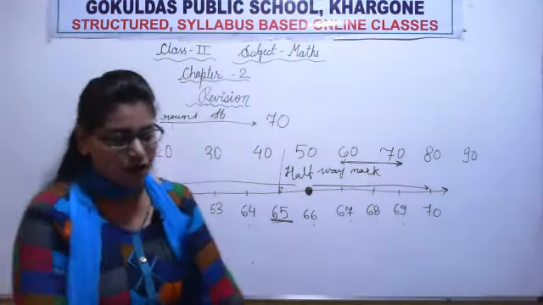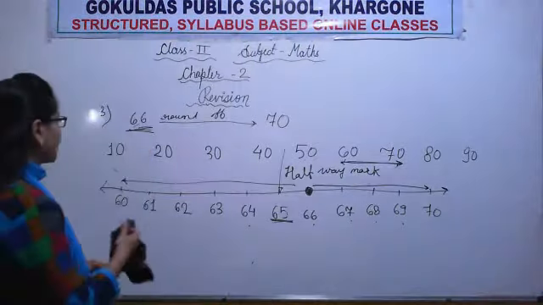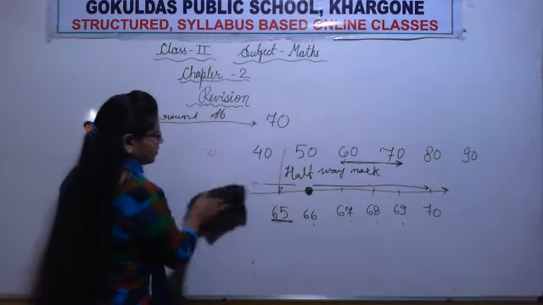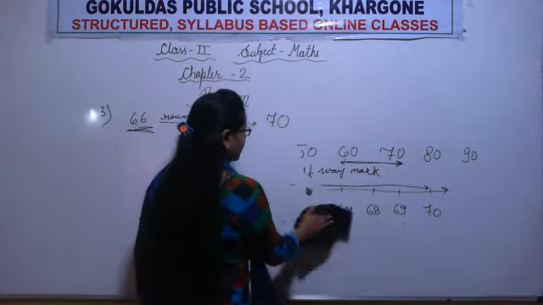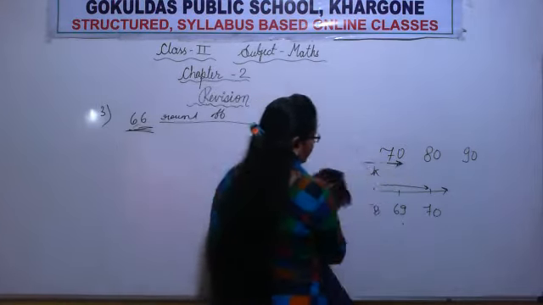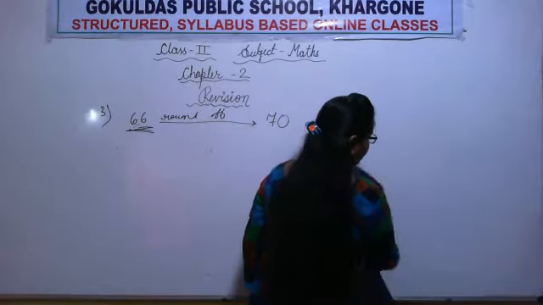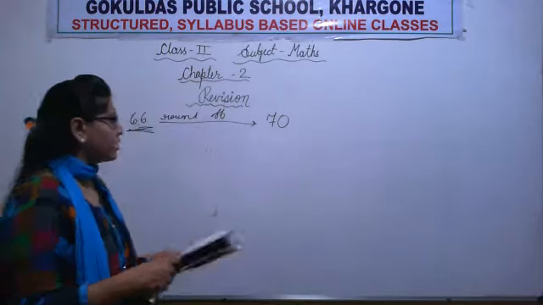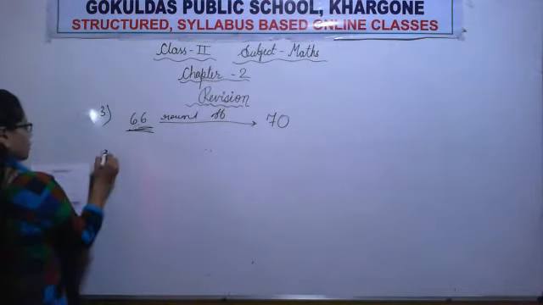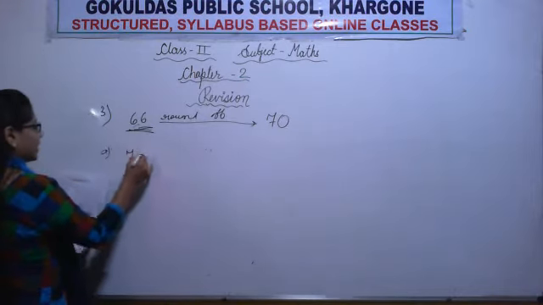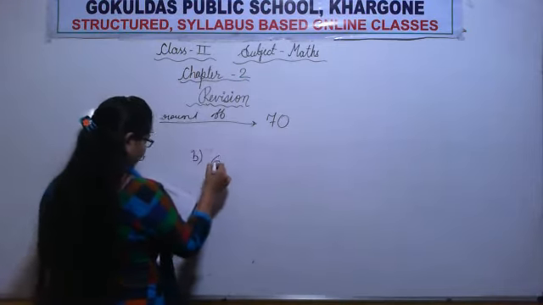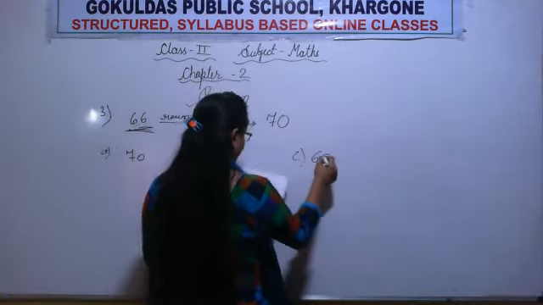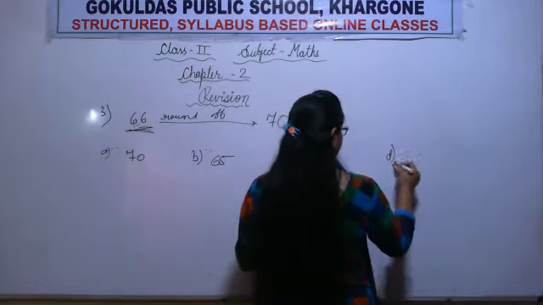Okay, so let's see all the options. Is 70 there or not? Let me rub it first. Yes, what are the options? The very first option, A is 70, B is 65, C is 60 and D is 66.